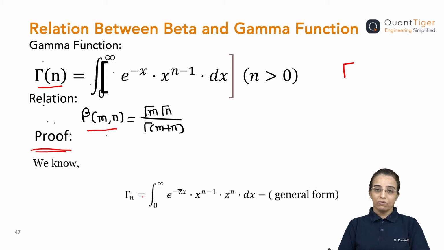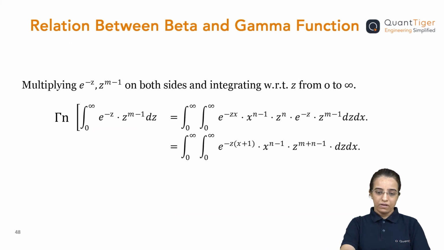सो सबसे पहले तो गामा फंक्शन, how we write it, that we are going to write as it is in the general form, जैसे कि हमने यहाँ पे दिया है. The same way we will be writing over here, that's the general form.